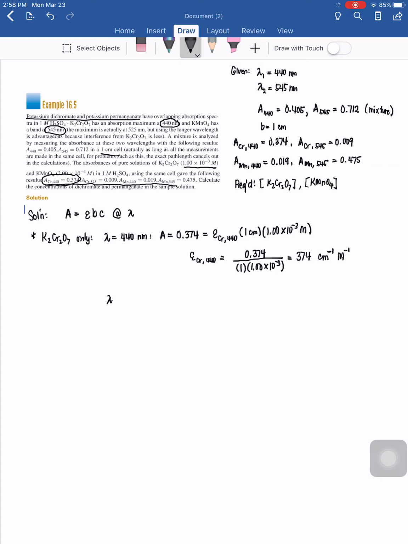Now we can do the same again for our second wavelength at 545 nanometers. The pure dichromate solution has an absorbance of 0.009.